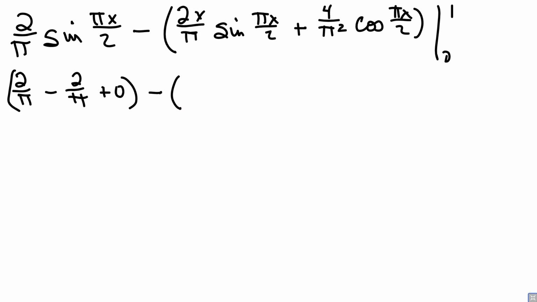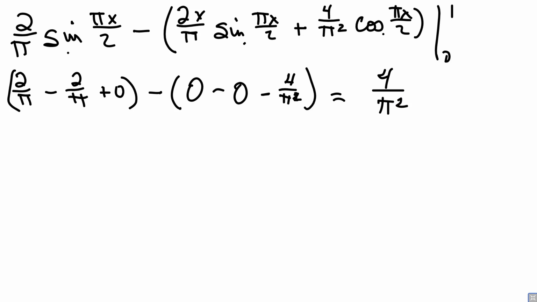Minus, at 0, we're going to have 0 minus, this is going to be 0. This is going to be a negative 4 over pi squared. So our answer is going to be 4 over pi squared.